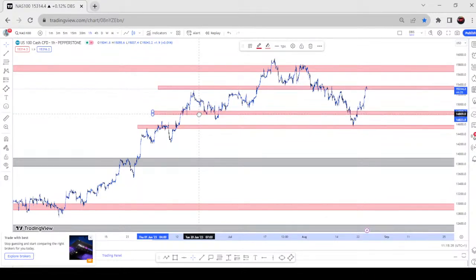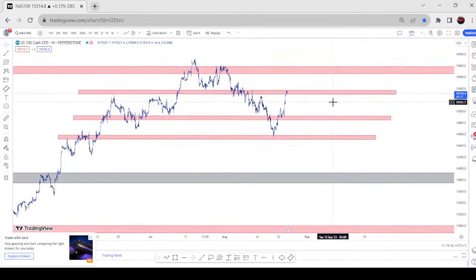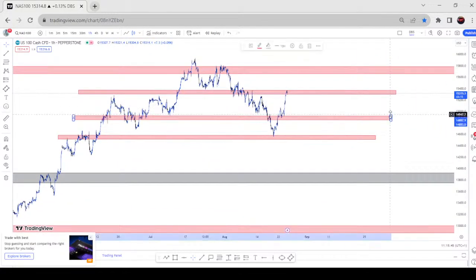Okay, I think I have one here, but this one needs to be tiny. It needs to be tiny. Don't let it be wide if not necessary.